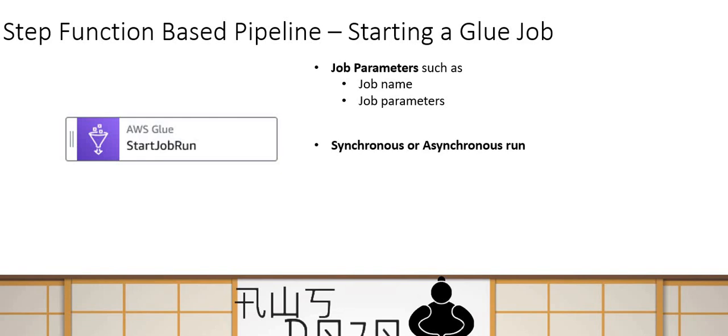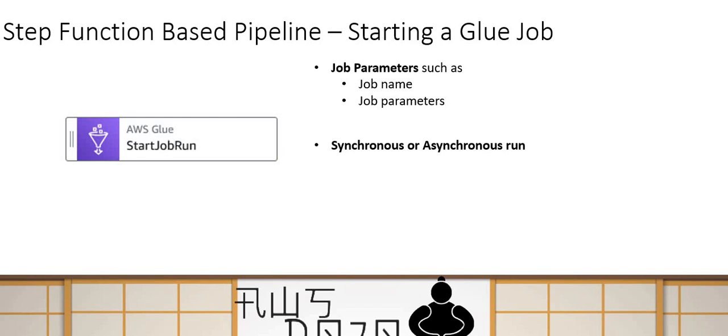Then you can decide to run in a synchronous or asynchronous manner. Running a job is a long process, right? Depending on how much data you're extracting or what kind of transformation you are performing, it could be a really long-running job. So you can configure the Glue job task in such a way that you wait for the job to finish before you go to the next step.